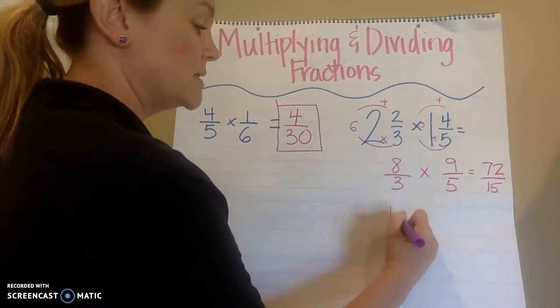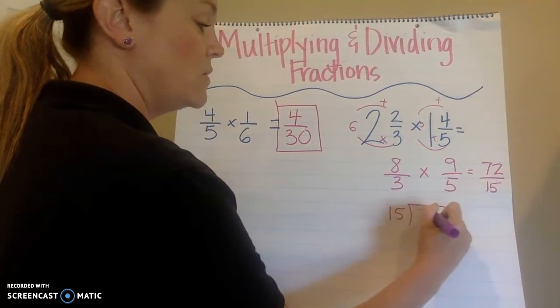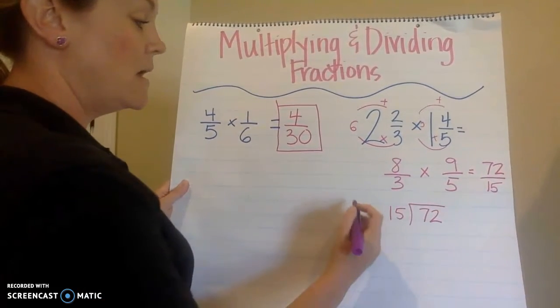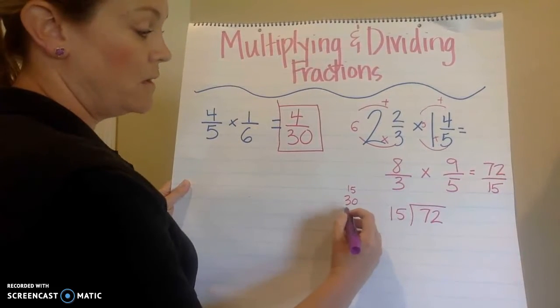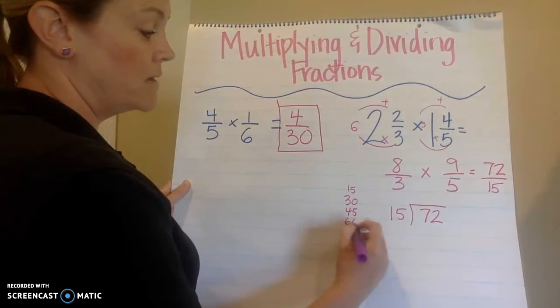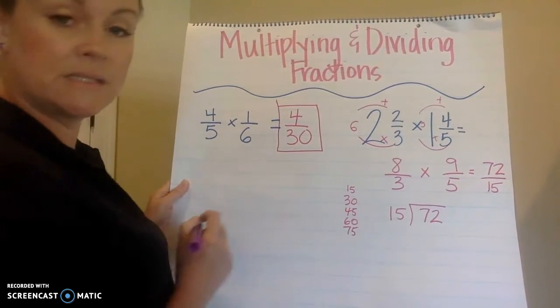So here I'm just going to set this up. 72 divided by 15. I know my multiples of 15 as 15, 30, 45, 60, 75.